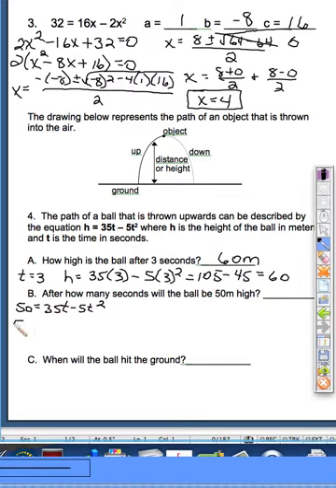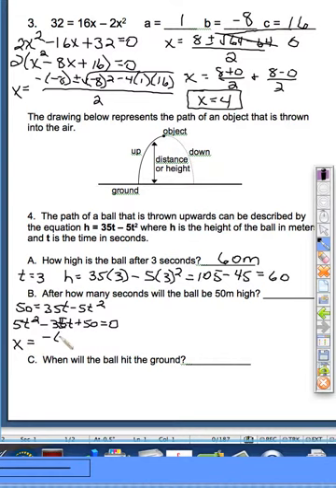So we're going to have 5t squared minus 35t plus 50 equals 0. Putting it in the quadratic formula, I'm not going to bother to factor out a greatest common factor, because you really don't have to for the quadratic formula.